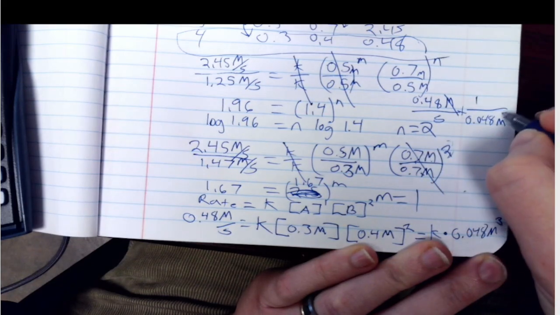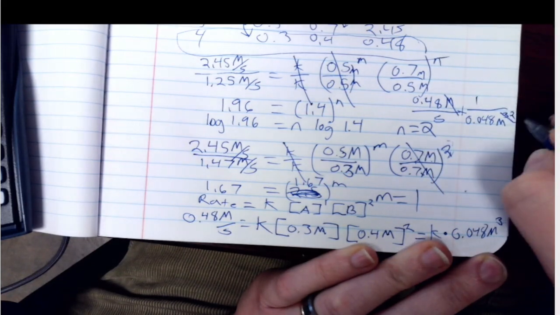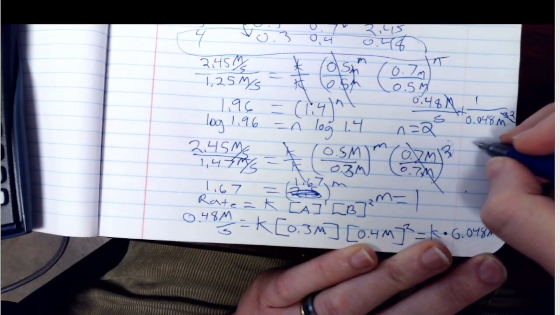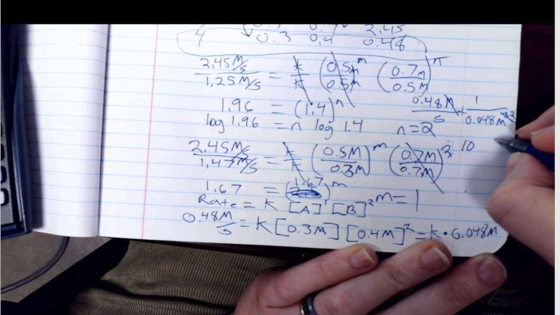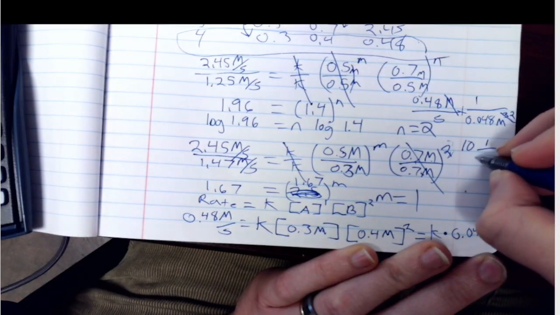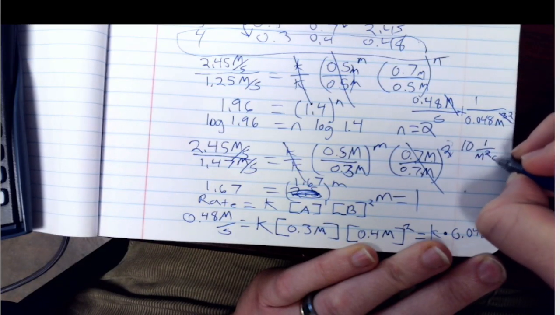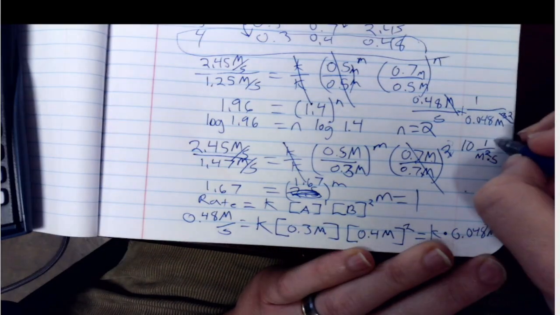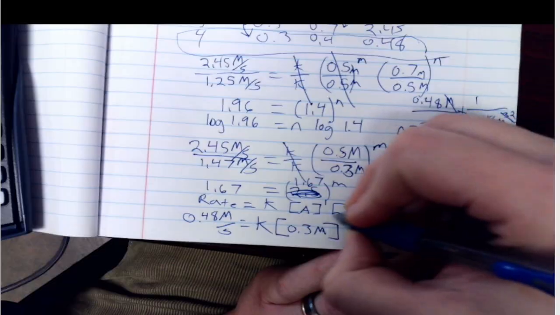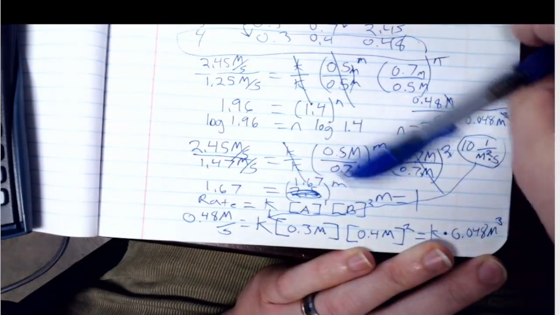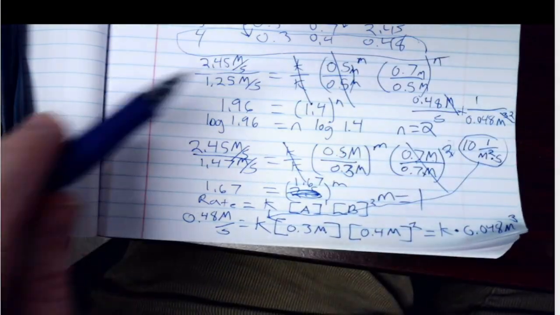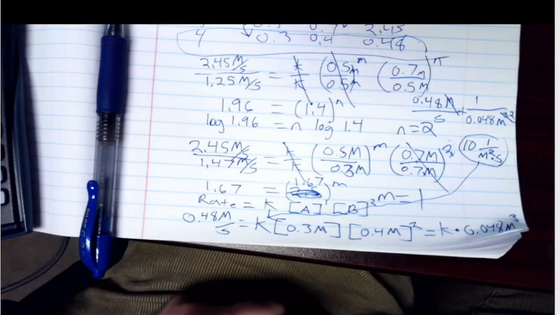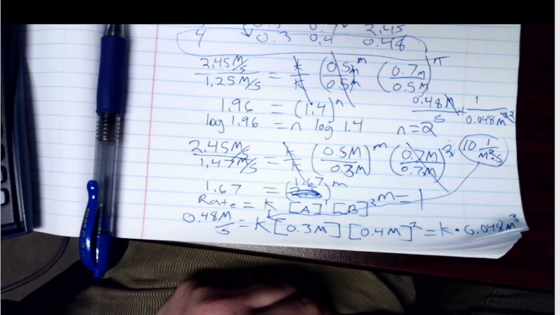One of these m's cancels out. So we get units of 1 over m squared s. That's our k value. I know, sloppy, I know. That's me to a T. Sorry.